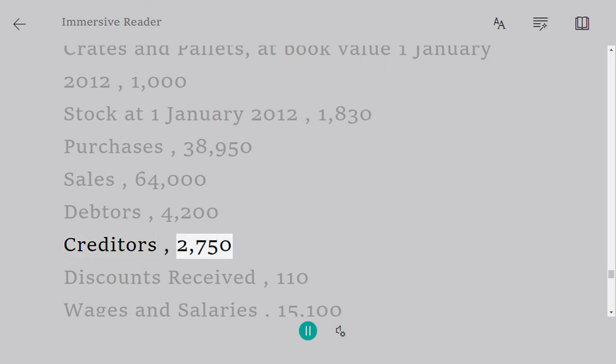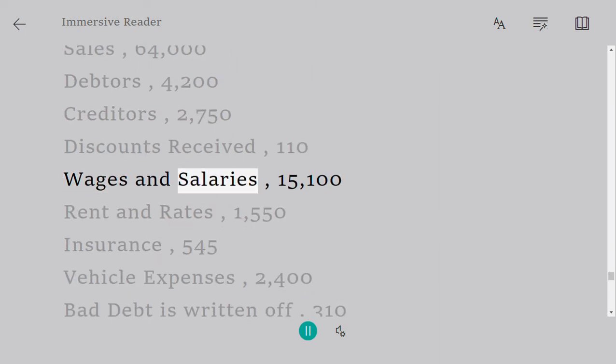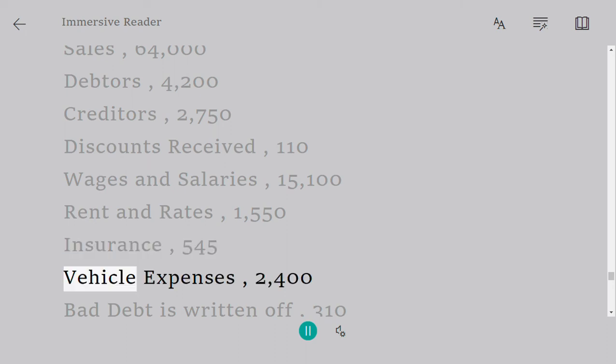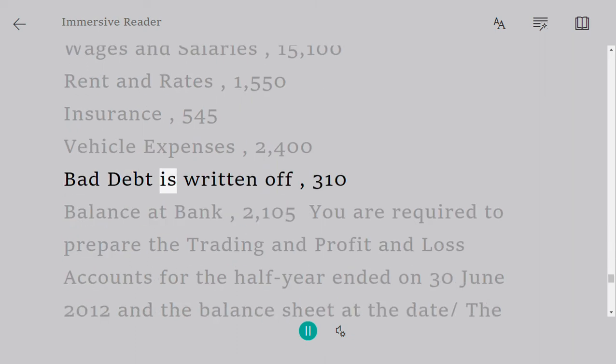Creditors, $2,750. Discounts received, $110. Wages and salaries, $15,100. Rent and rates, $1,550. Insurance, $545. Vehicle expenses, $2,400. Bad debts written off, $310.